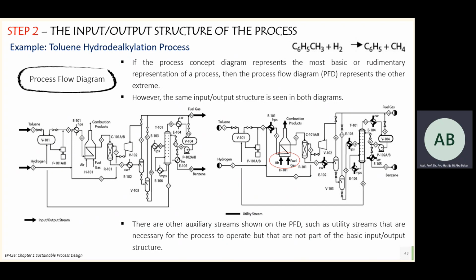Now, this one, this is the PFD. After you create the process concept diagram just now, the concept, now this shows the process flow diagram. PFD usually more details. Okay, you can see the same input-output structure can be seen in both diagrams. So this is your input, toluene and hydrogen.